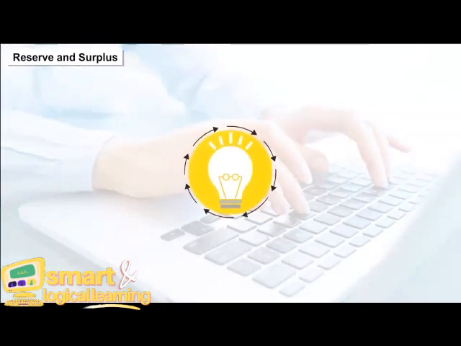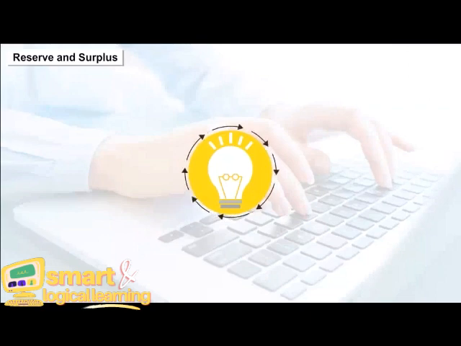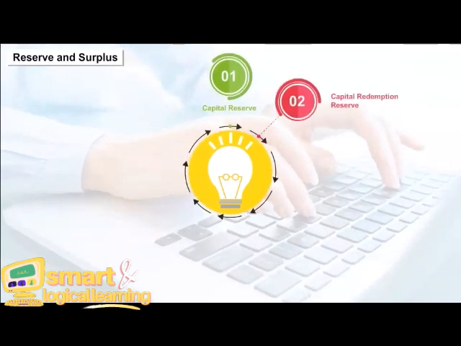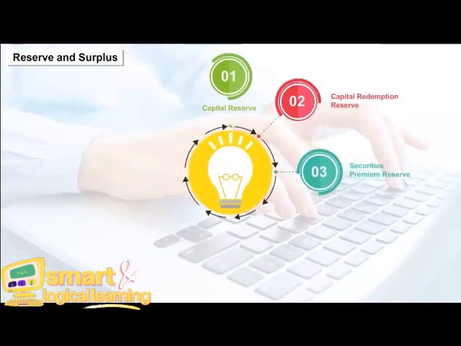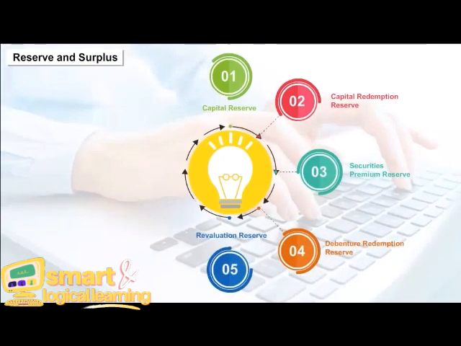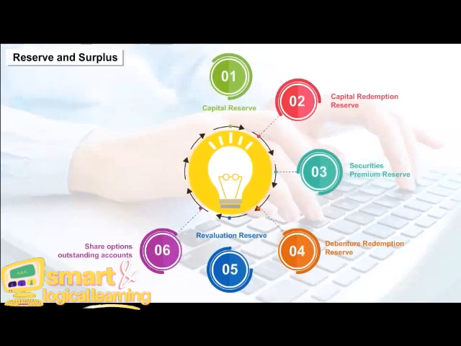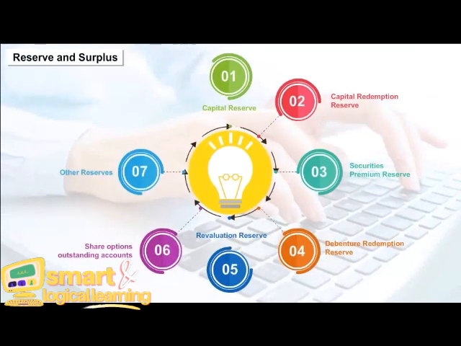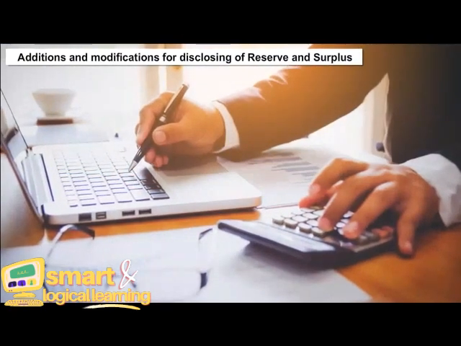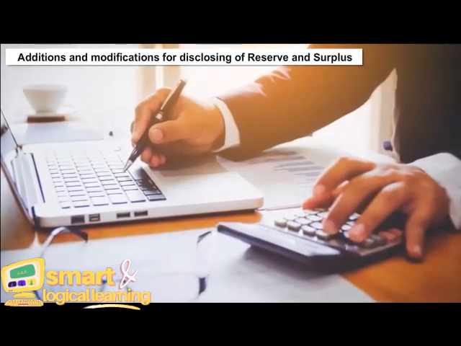Reserve and surplus. The reserve and surplus can be classified as capital reserve, capital redemption reserve, securities premium reserve, debenture redemption reserve, revaluation reserve, share options outstanding account, other reserves, surplus. Additions and modifications for disclosing of reserve and surplus.